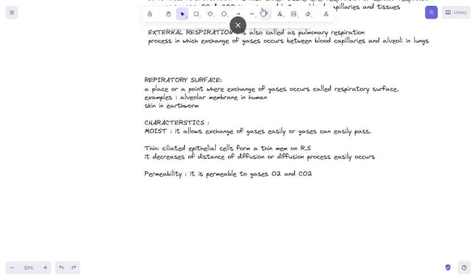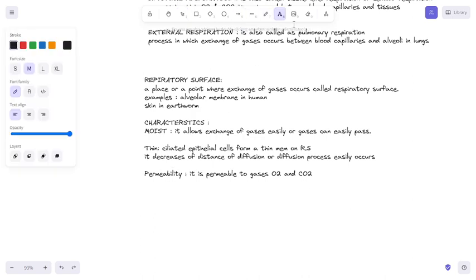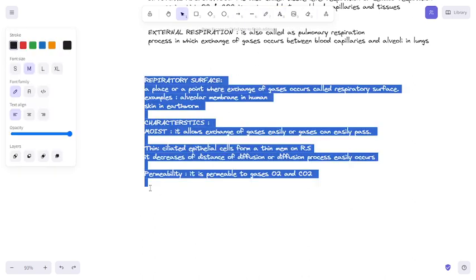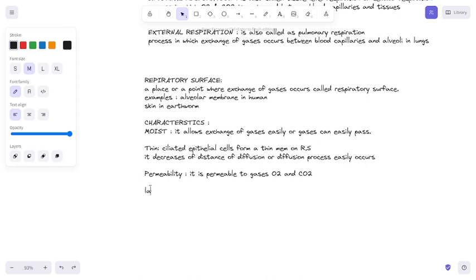And the last one is large surface area. Where is it important to have a large surface area?